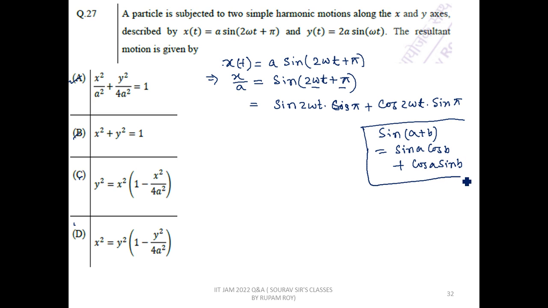So this will be sin 2ωt into cos π plus cos 2ωt into sin π. From trigonometry we can get this. So x by a is equal to this.